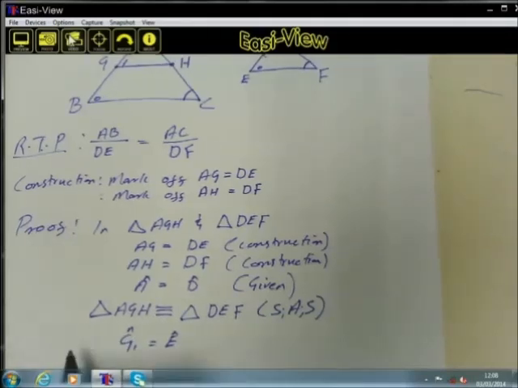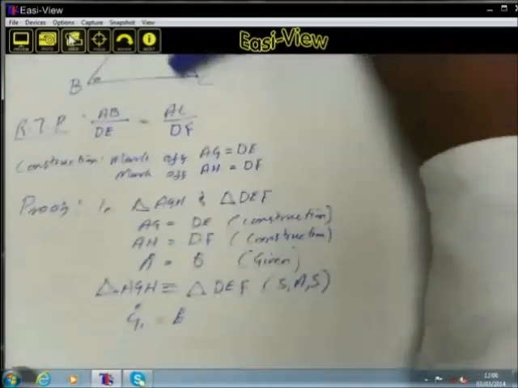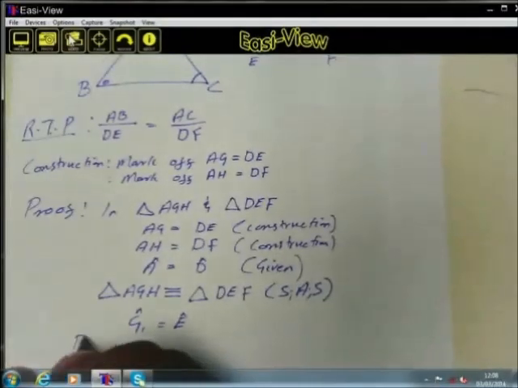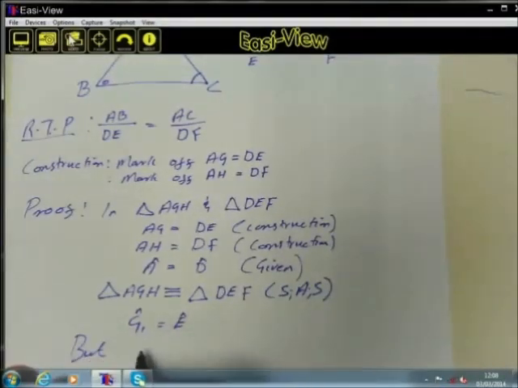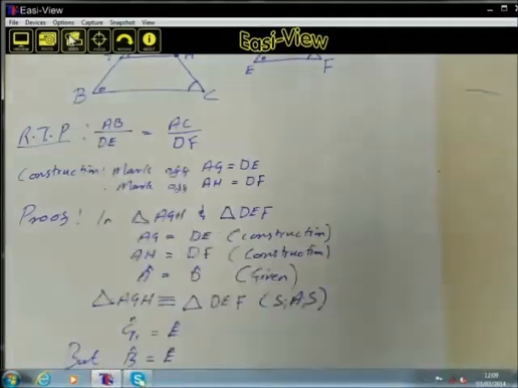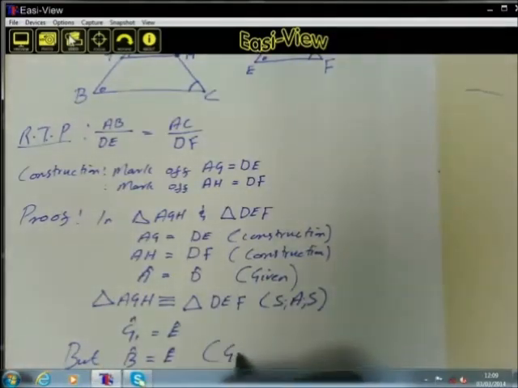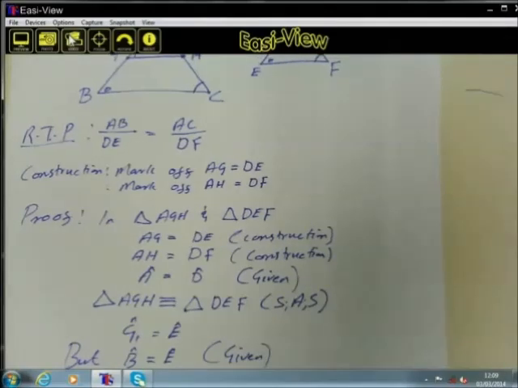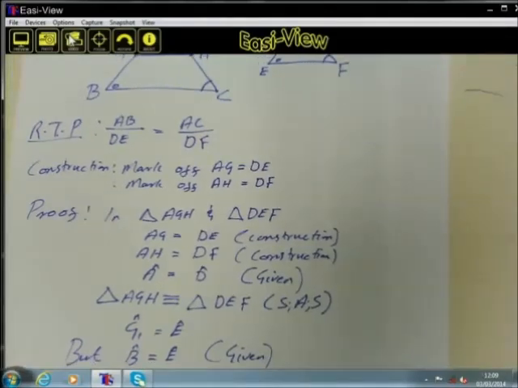You still remember that? Yes, I can see some of you still remember from the given information. But you still remember that angle what? Angle B is equal to angle E. That was the given. This one is from the given information, because the first statement said two triangles are equiangular.